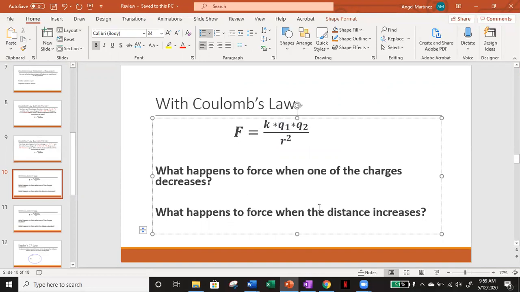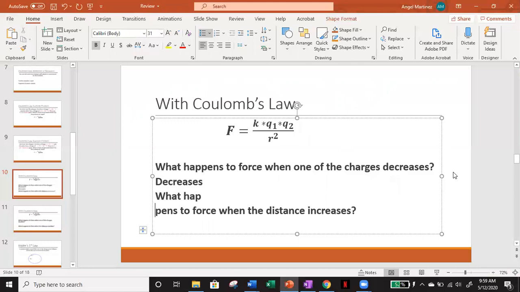In the bottom, let's say the distance increases, it's the opposite. If this number gets bigger, you're going to be dividing by a bigger number, so F will be smaller. So what happens to the force when the charges decrease? It decreases. What happens to the force when the distance increases?